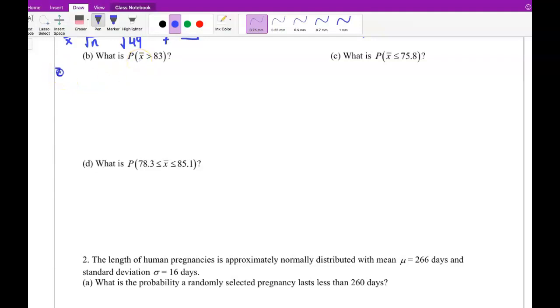So Z is equal to, on previous chapter we had X minus mean divided by standard deviation. Here it is sample mean minus mean divided by standard deviation.